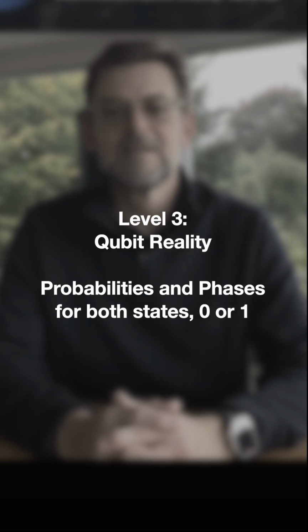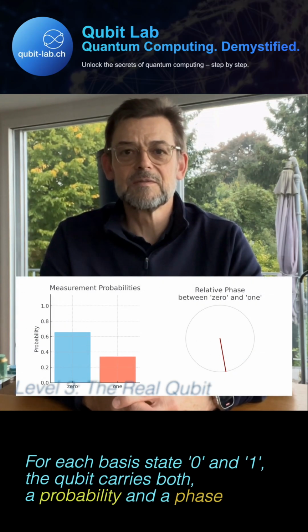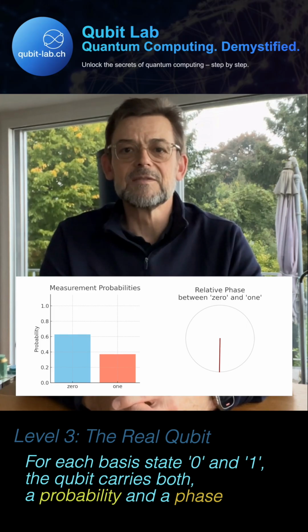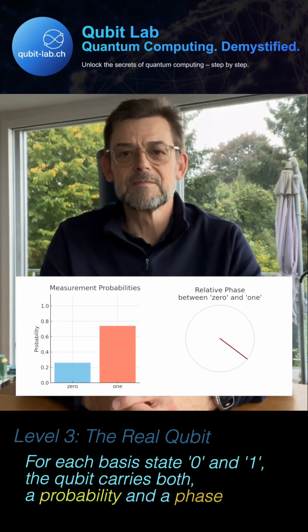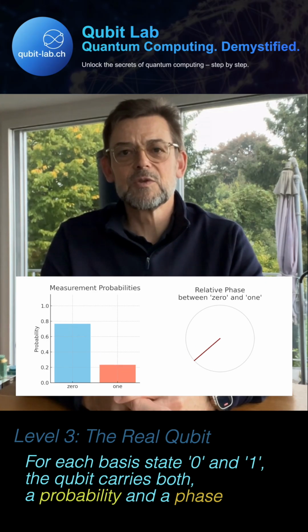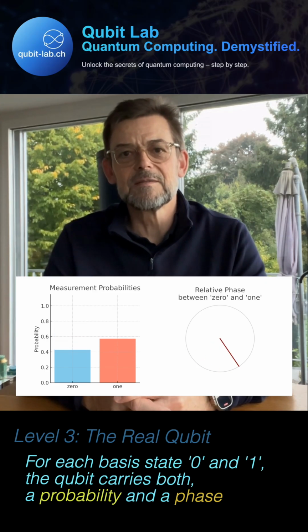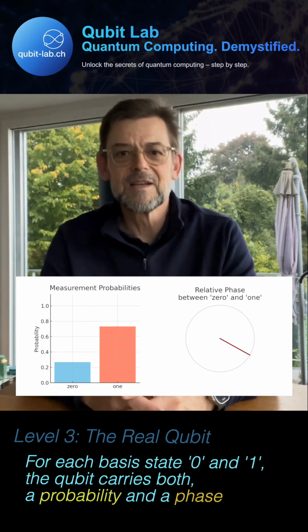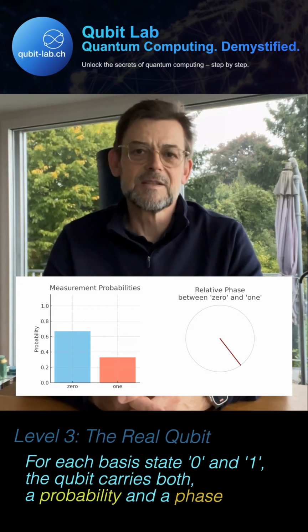For each state, 0 or 1, the qubit does not just hold a probability, it also carries a phase. So there is a probability and a phase for state 0, and a probability and a phase for state 1. This phase cannot be measured directly, not through single nor through multiple measurements. The phase only shows its effect when qubit states interact.